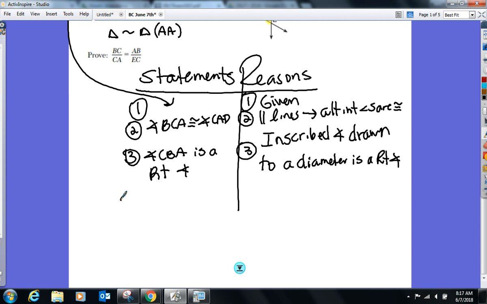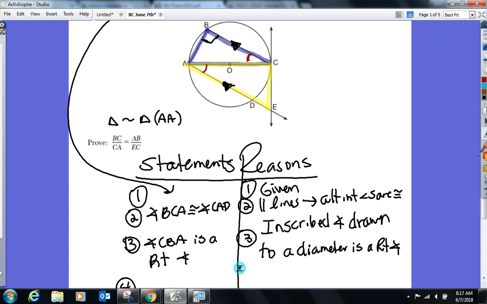All right. And Katie, what was the other angle you told me about? CBA and ACE. That is also a right angle, but for a different reason. Anybody know why that one's a right angle? Go ahead, Madeline. Diameter drawn to, be careful.